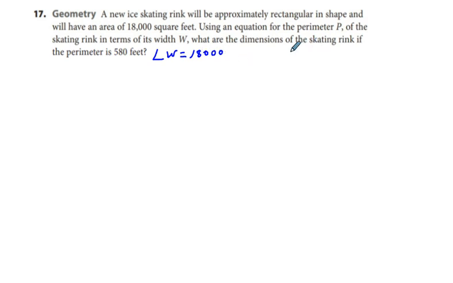And then we have a perimeter. Perimeter is going to be equal to 2L plus 2W.